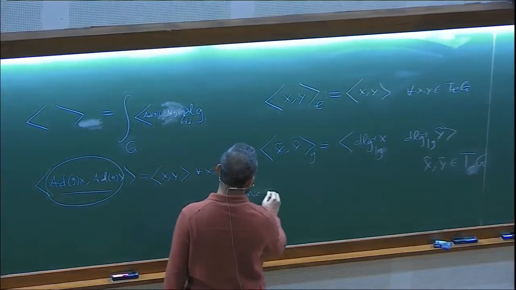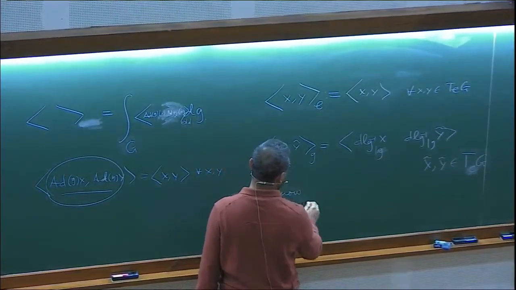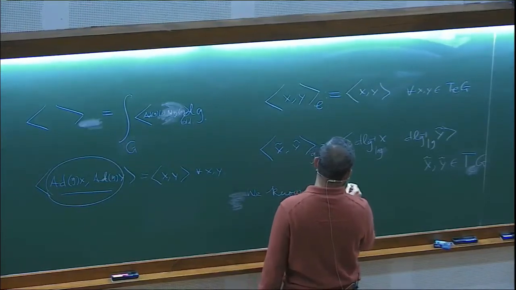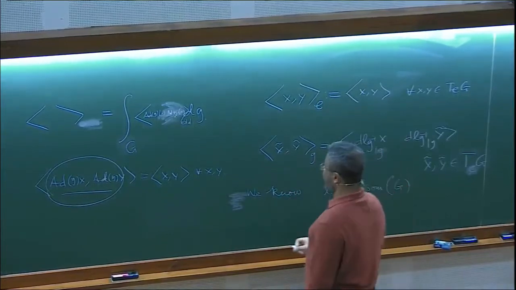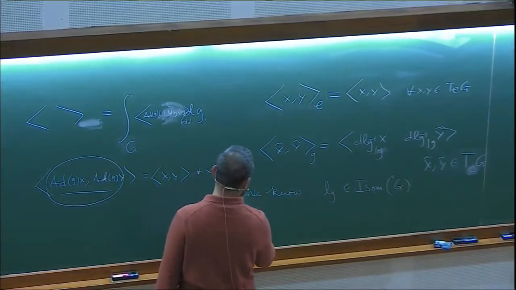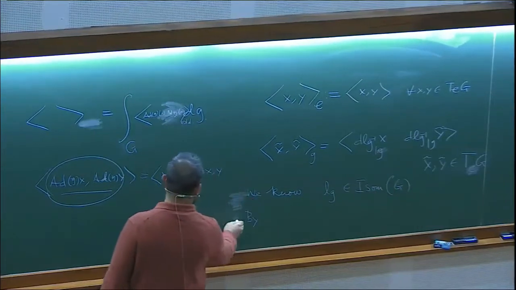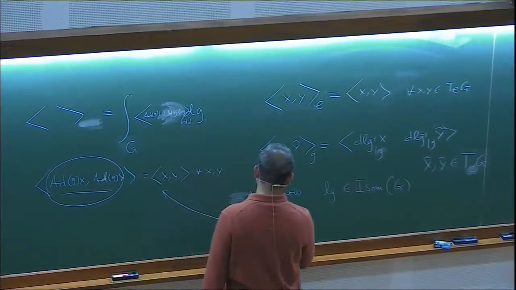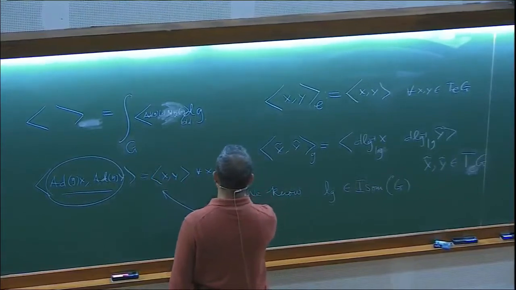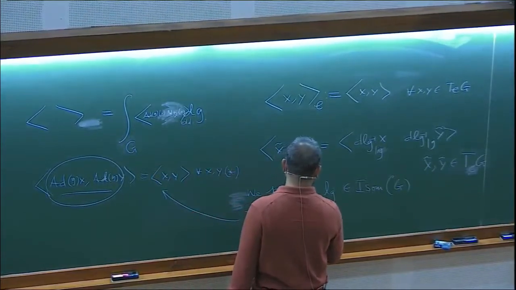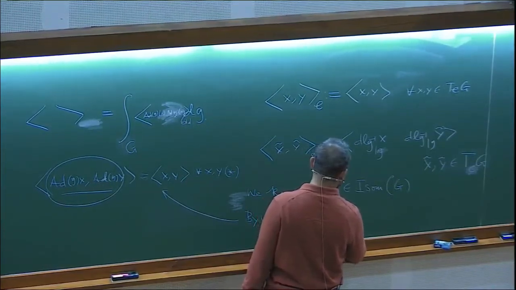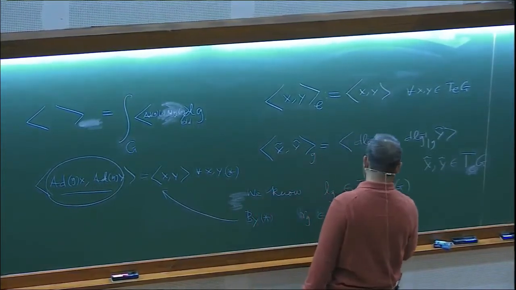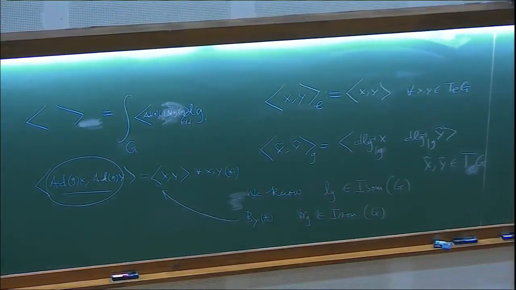So we know by construction that L_g is in Isom(G), and by this property, R_g, the right translations, are also isometries. I'm going to need this in order to prove that a certain map is an isometry on the whole group.